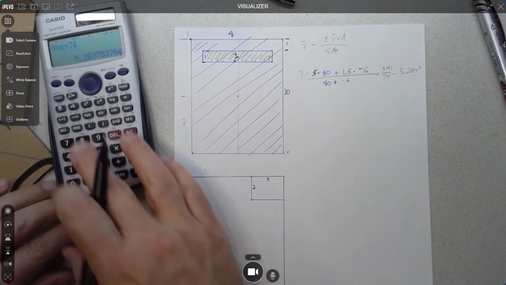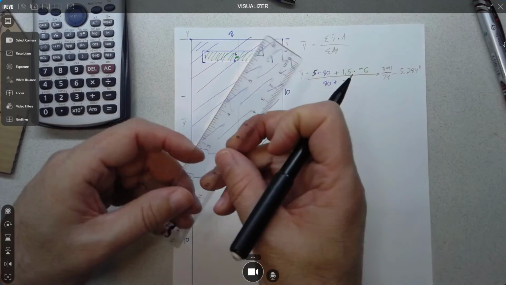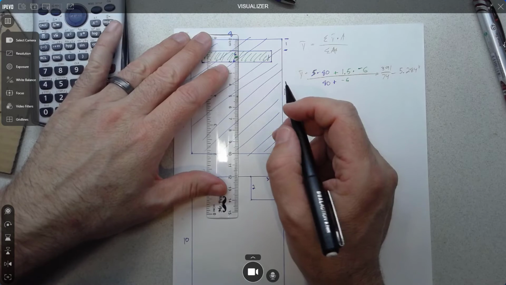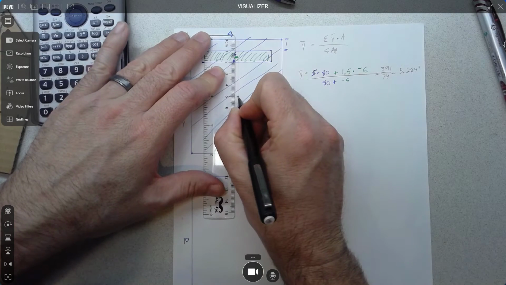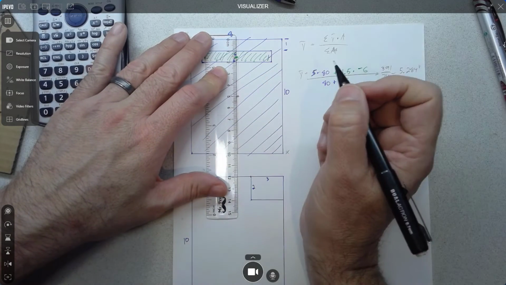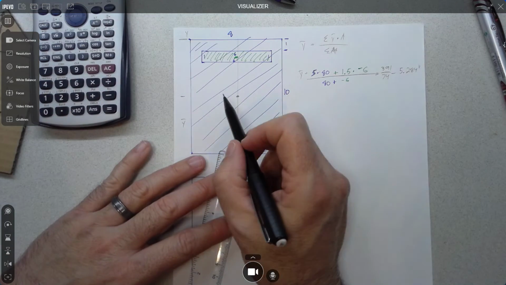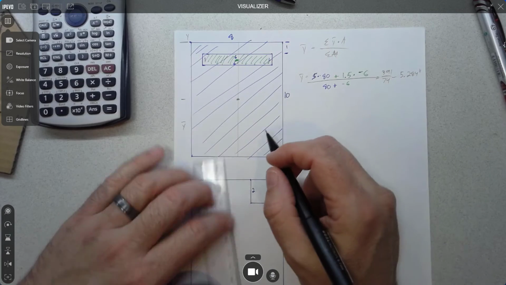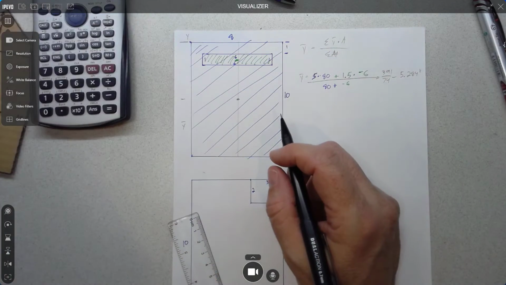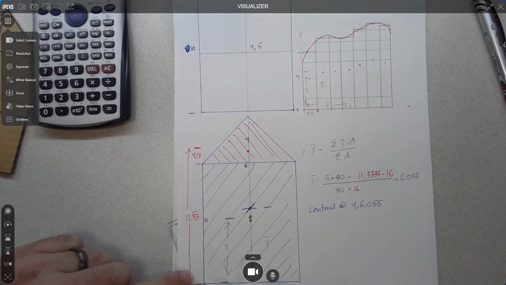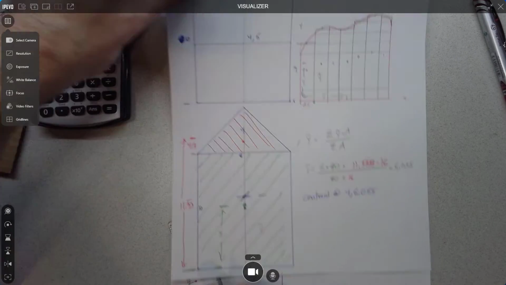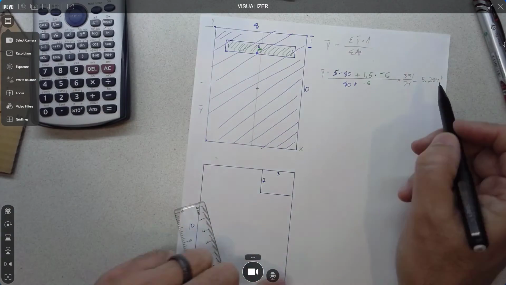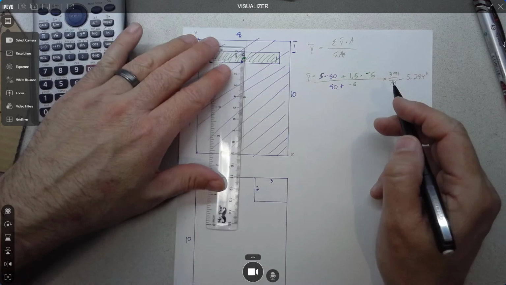So we know that the original centroid of just the whole rectangle would have been at 5 centimeters, right? So that's roughly where I guessed. Now, this time we measured from the top, rather than measuring up from the bottom like when we were finding y bar before. So I measure from the top down, that 5.284.